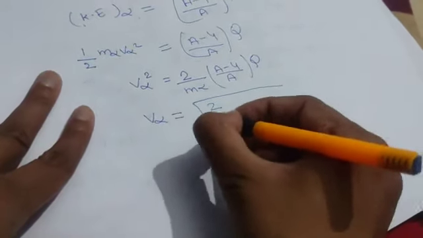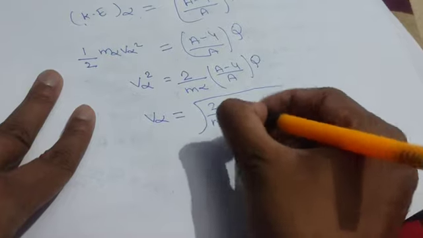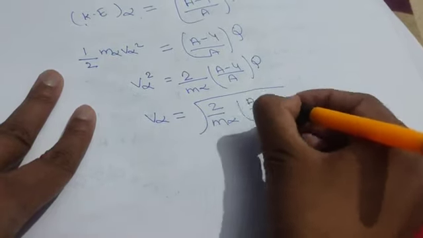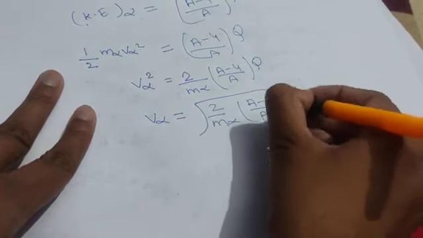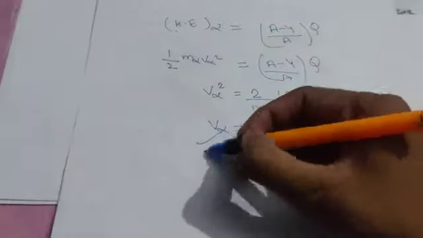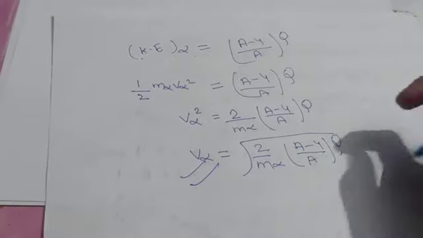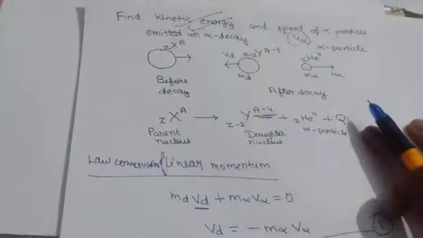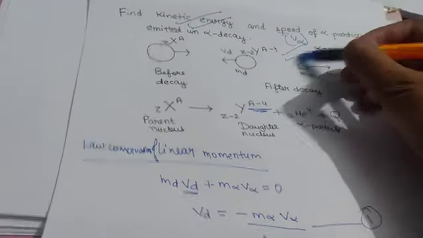So this is our velocity of the alpha particle. We're done with the velocity of the alpha particle.